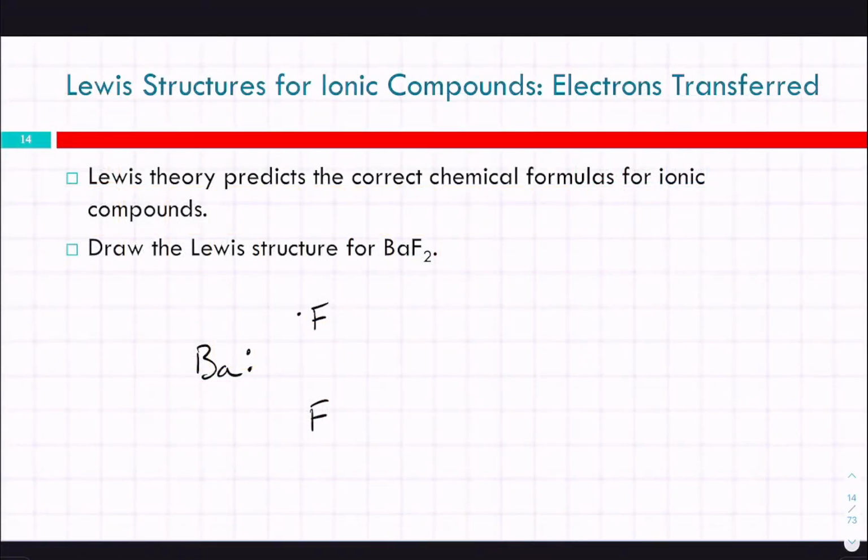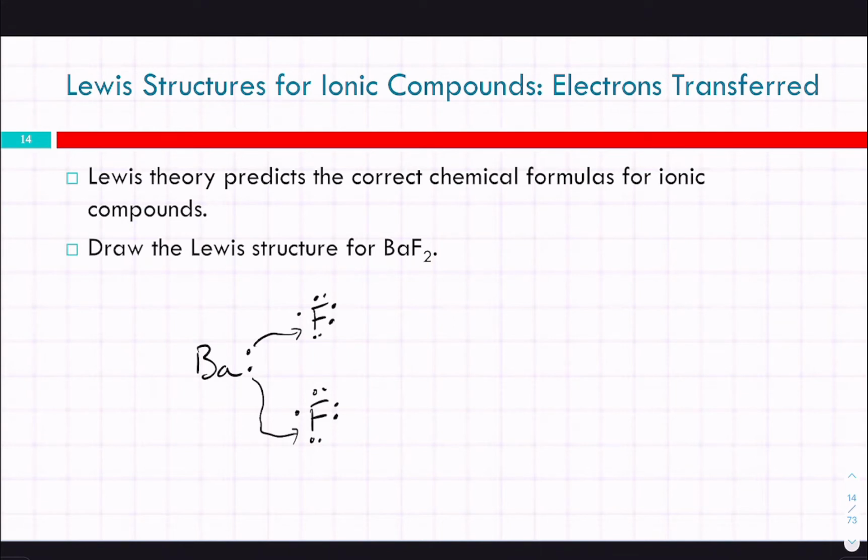So we give fluorine 1, 2, 3, 4, 5, 6, 7. Barium has 2 electrons to give away. If fluorine's the only thing around to take electrons, barium has to give away 1 electron to each fluorine. So you have 1 barium giving 1 electron each to 2 fluorines.